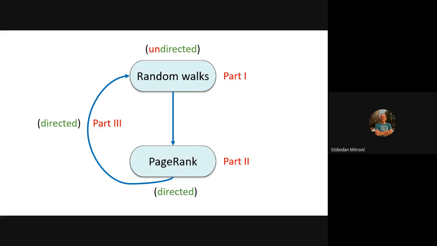And then as a third part, we will see how to use page rank: if I give you a page rank algorithm as a primitive, how you can use it to get even directed random walks in general graphs.